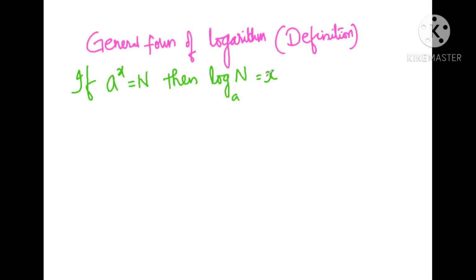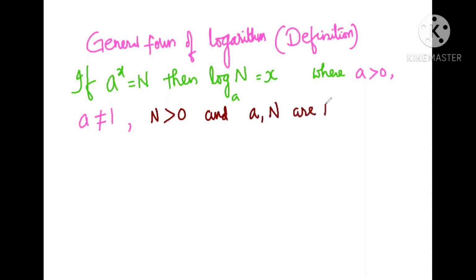This is the general form of the logarithm, but here some conditions should be applied, where a should be greater than 0 and a is not equal to 1 and n should be greater than 0, and a comma n are real numbers.